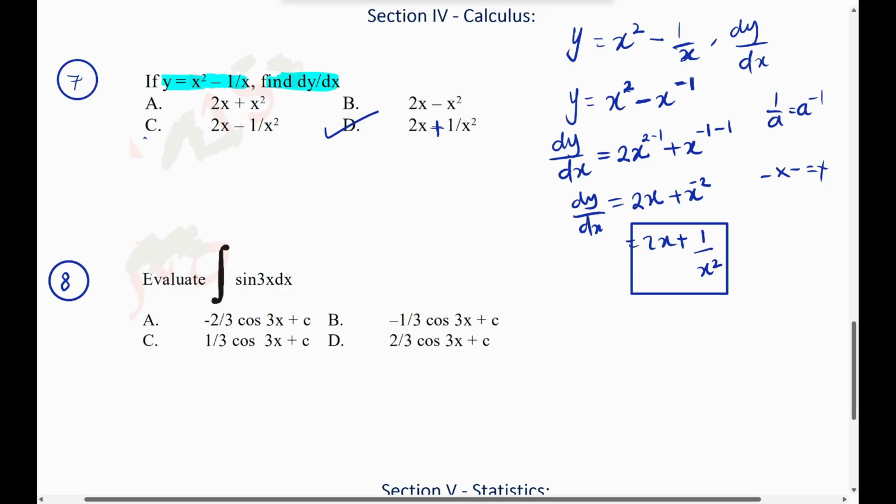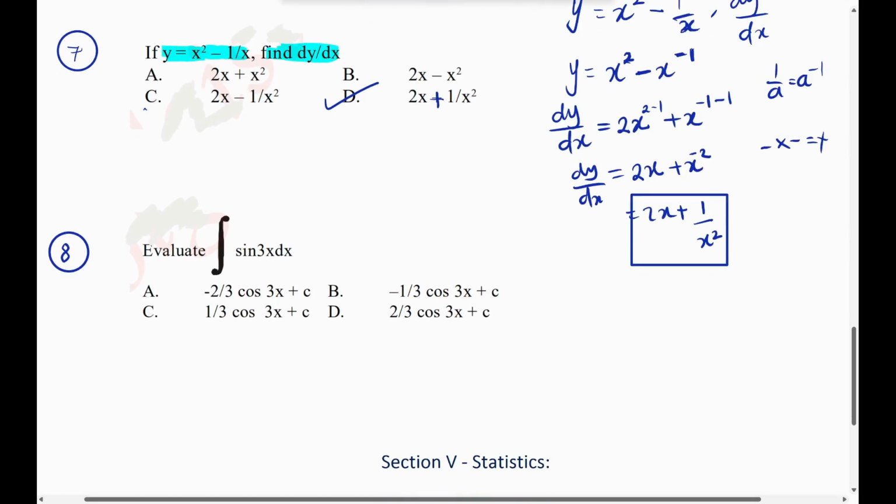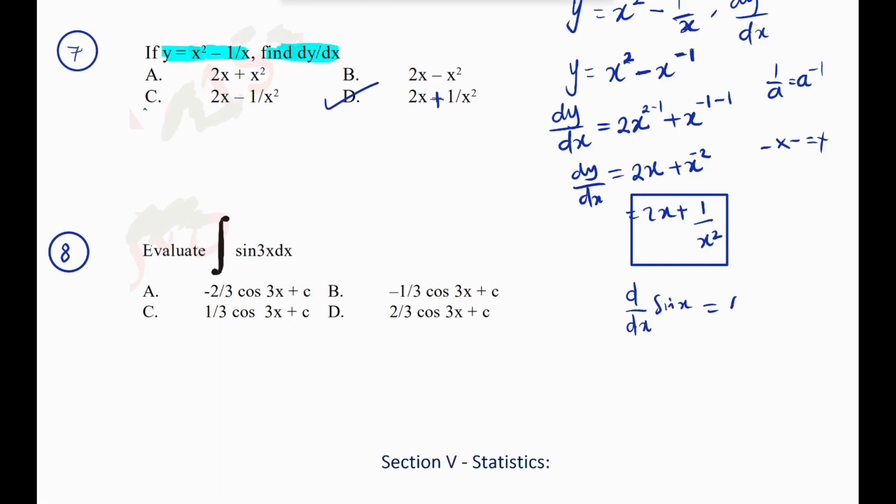All right, the next one, which is again another aspect of calculus. The question says, evaluate the integral of sine 3x dx. This symbol here means integral, which is integration. So a few things to remember: if you differentiate sine x, you will get cos x. If you differentiate cos x, you will get minus sine x.